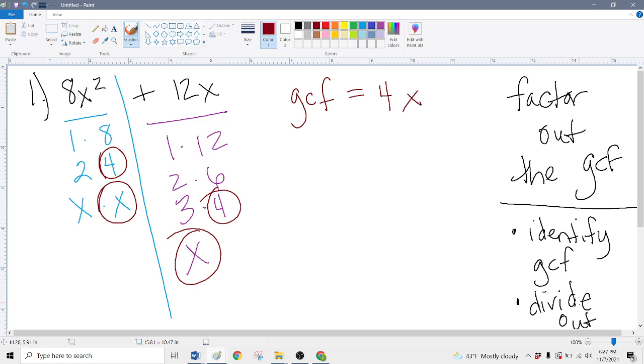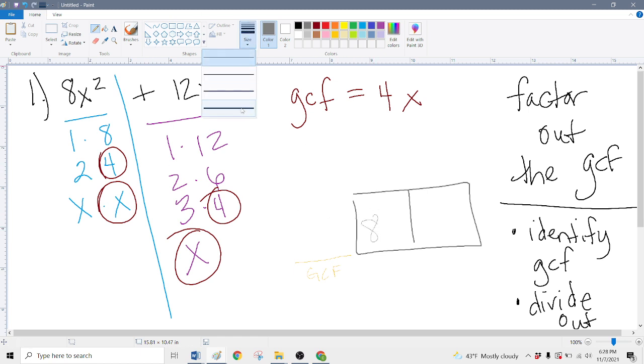Now to do that second part, to divide out the GCF, we want to put that original problem into a box. We'll put it into a box. And right in front of that box, right here, we're going to put that GCF that we just found. So this is how it would look. So we'd put that 8x squared.